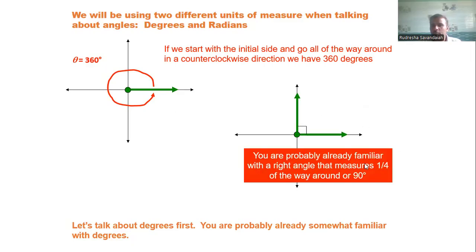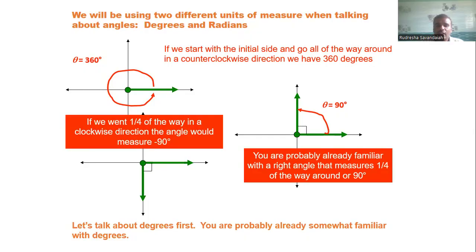You are probably already familiar with the right angle, which measures one fourth of the way around: 90 degrees. Let's talk about degrees first. You are probably already somewhat familiar with degrees. This is 0 to 90 degrees, and if we went one fourth of the way in a clockwise direction, the angle would measure minus 90 degrees.